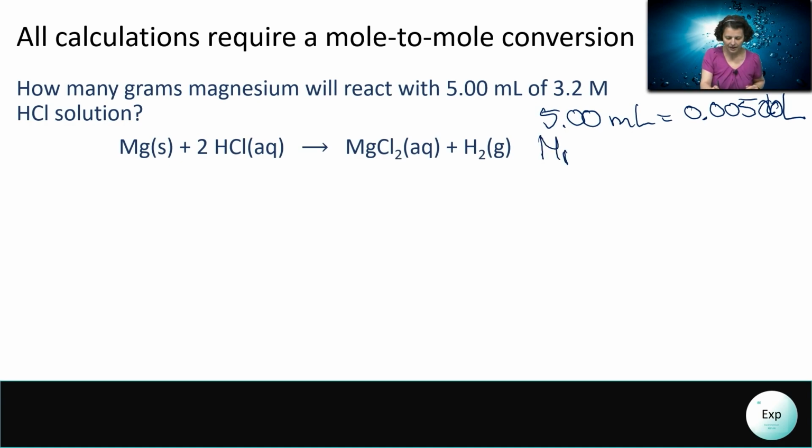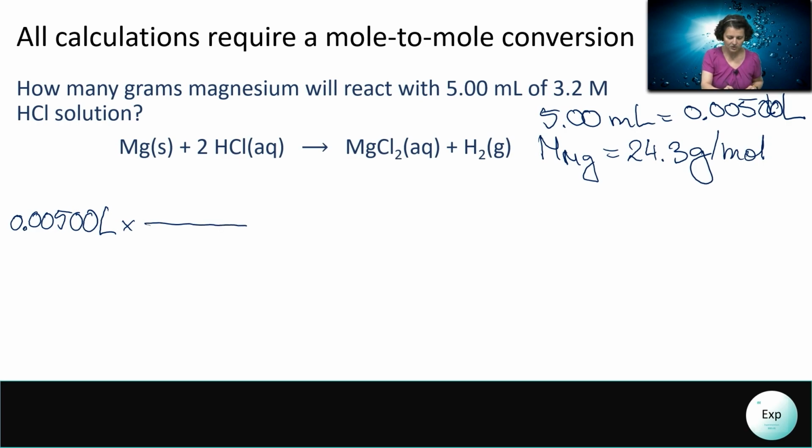And then finally, the last thing that we need is the molar mass of magnesium, which is 24.3 grams per mole. It will be a 3-step process. In step 1, we start with the volume of our solution. We multiply by the concentration. And then once we have moles of hydrochloric acid, we can start converting from hydrochloric acid to magnesium.